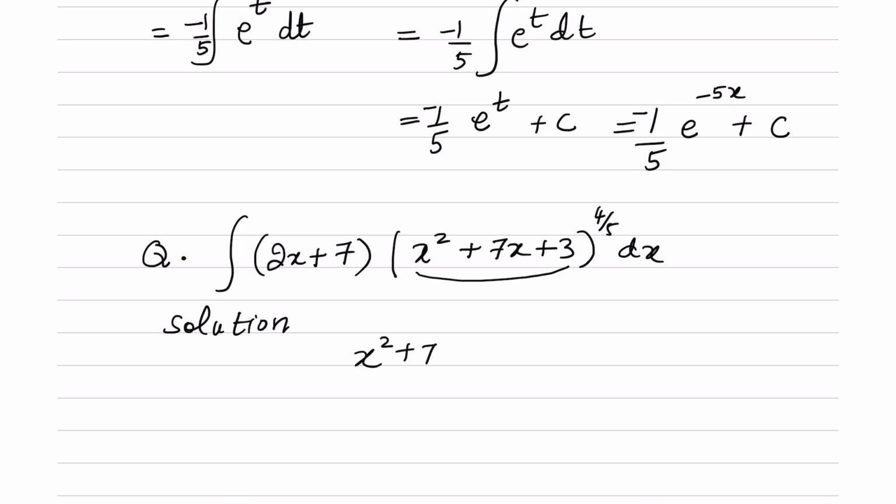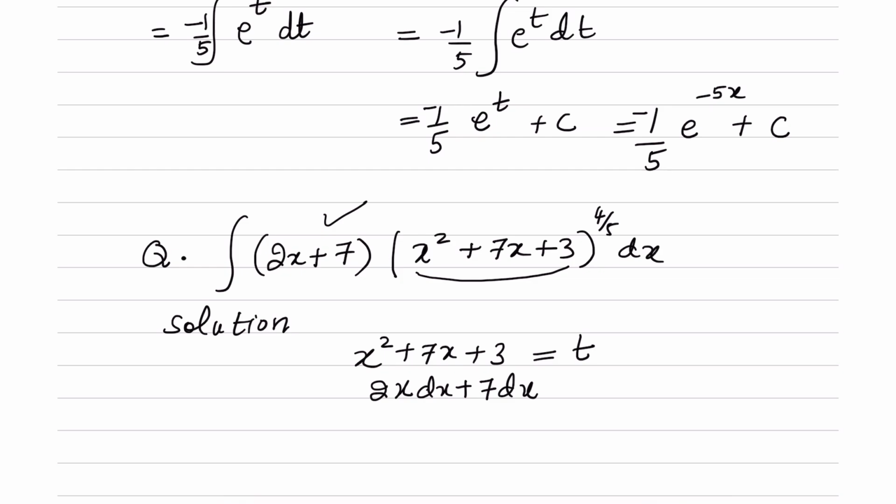We are going to suppose it equal to another variable, but before that we have to ensure that its derivative is also written here. What is the derivative of x square plus 7x plus 3? It is 2x plus 7, which is written here. So we are going to suppose it equal to t. Differential of x square is 2x dx, of 7x is 7 dx, and of 3 is 0 because it's a constant.